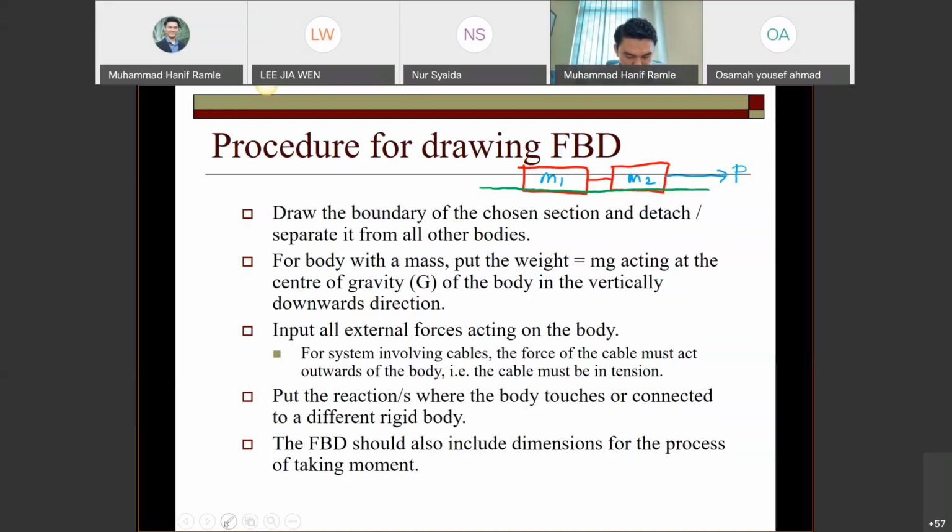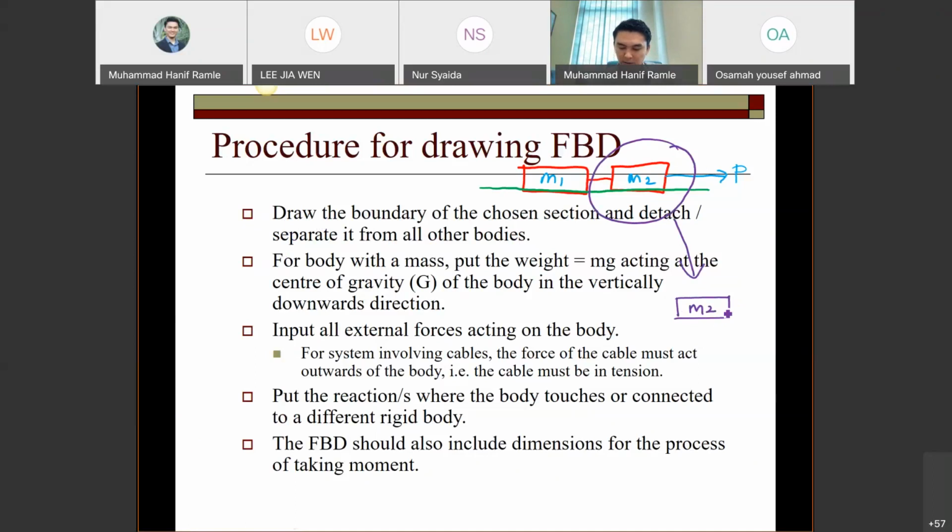So the first thing you have to follow is the first statement: draw the boundary of the chosen section and detach or separate it from all other bodies. We are choosing box number 2, so you have to separate it from the overall system and take only a single body, which is M2.